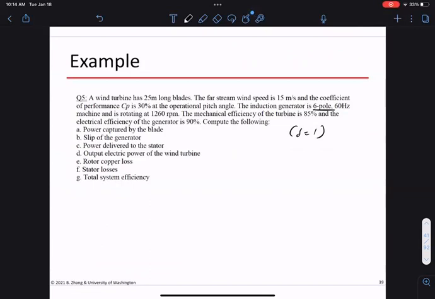Actually, now looking at this, I want to do this next class, because I'm not sure you remember the equations we use for going from stator side power to air gap power to shaft power. We covered that before in induction motors, but I'm not sure anybody remembers that. So let's stop this example here.